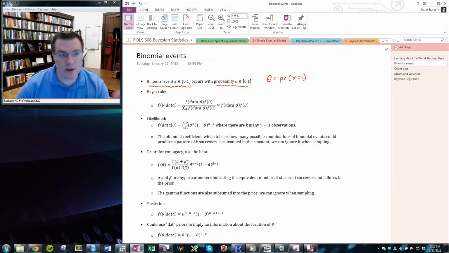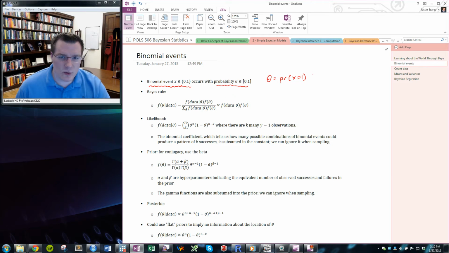I'm going to observe a certain number of these outcomes. So for example, we might observe the number of elections where a Republican incumbent wins. We might observe the number of times a coin comes up heads. Anything where there are two possibilities, they're mutually exclusive and exhaustive, and there's some probability that one of the two events happens, can be characterized as a binomial event.